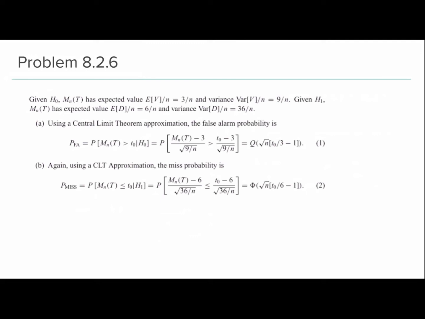So once again, subtracting the mean and dividing by the standard deviation on both sides, we get P of Mn of t minus 6 divided by root of 36 over n less than or equal to t naught minus 6 divided by root of 36 over n, right? And again this will simply be equal to the psi function. Once again taking root n to the numerator and dividing by 6, we get psi of root n times t naught by 6 minus 1, right?